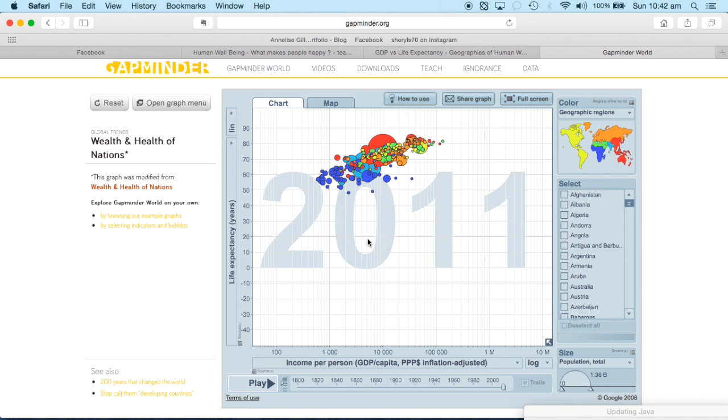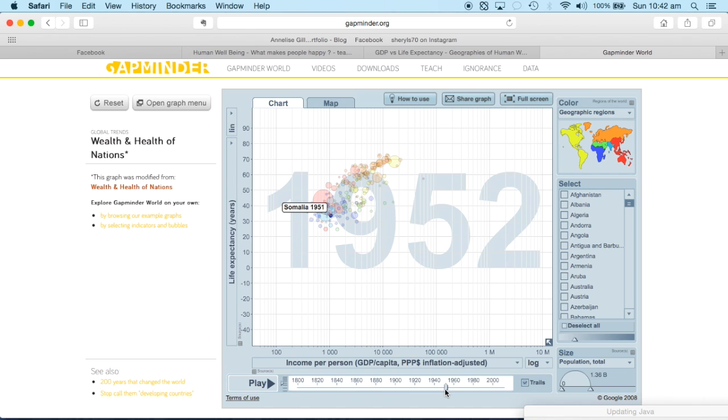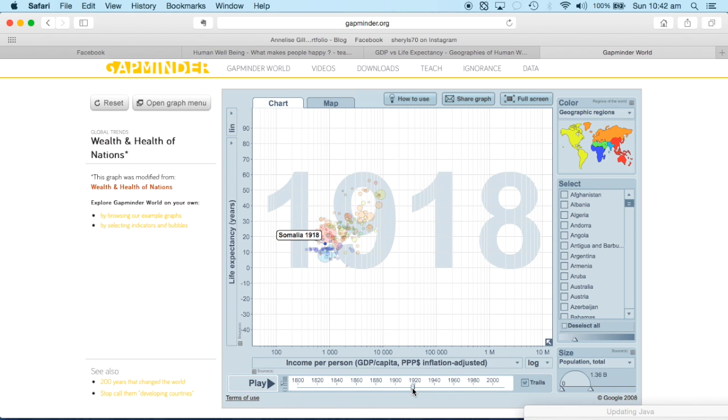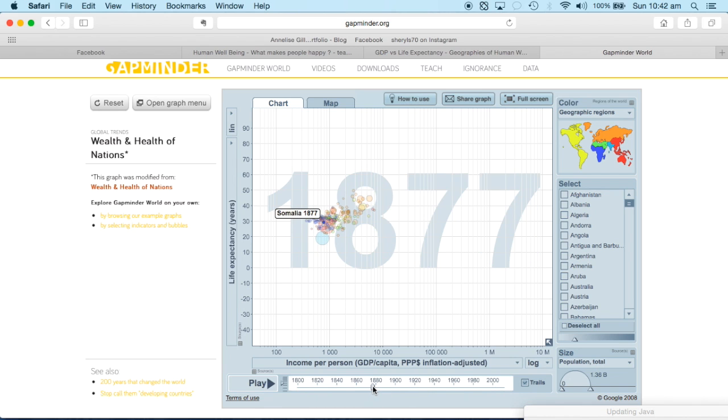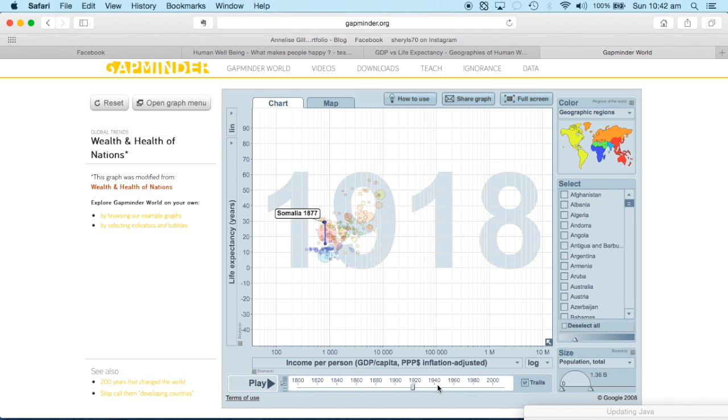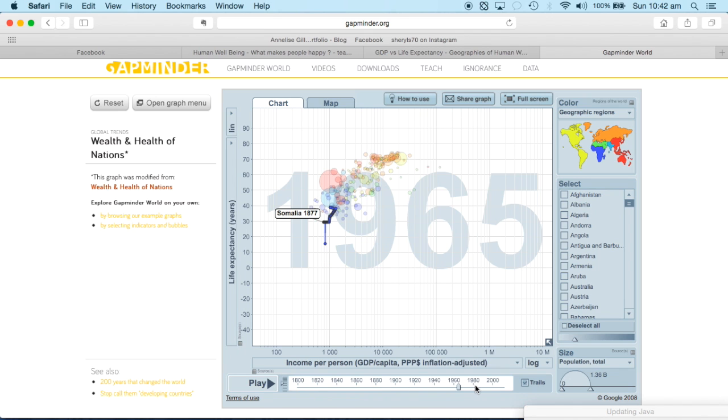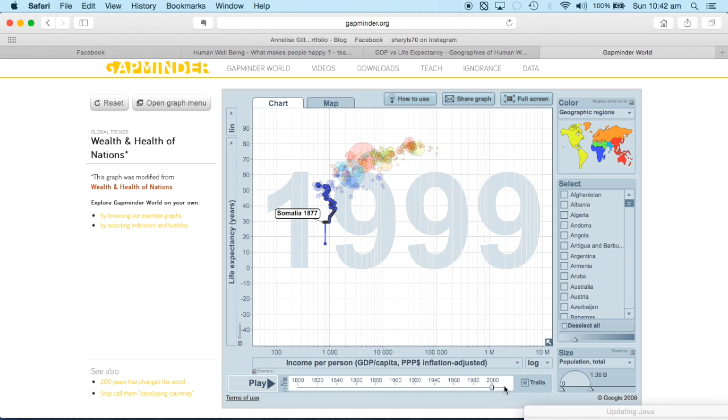And if we track Somalia's progress, we can see that their average income really hasn't changed very much at all.